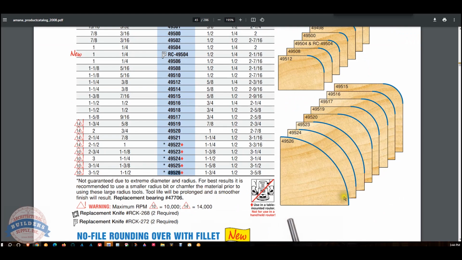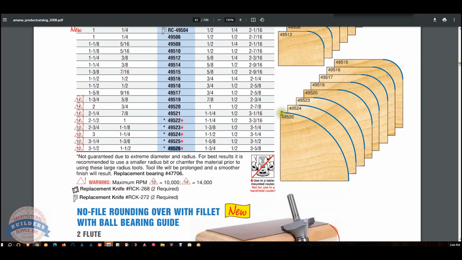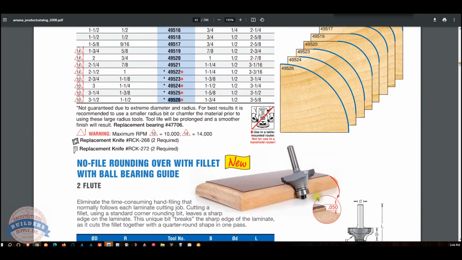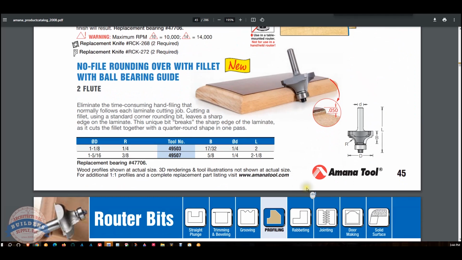That would give me this. So when I insert that very large tool into the bottom of the router, I'm going to want that bearing bit to be right in the center of the thickness of the door so that I'm getting myself a proper roundover, so that I can round over the door and then flip it over and do the other side of the door.